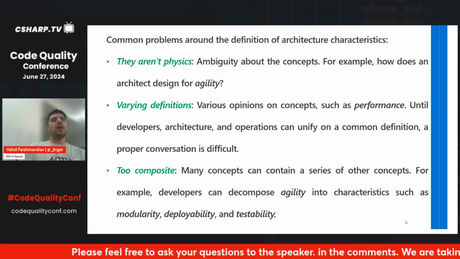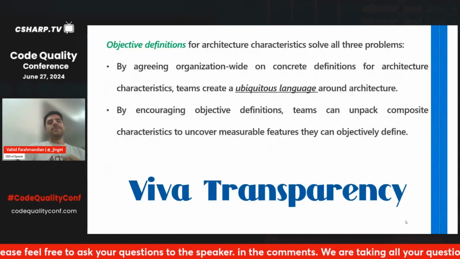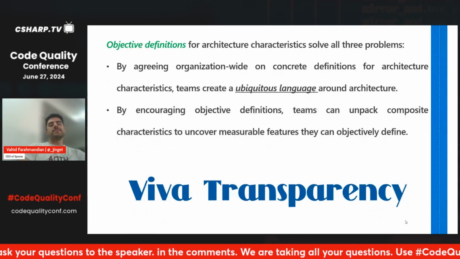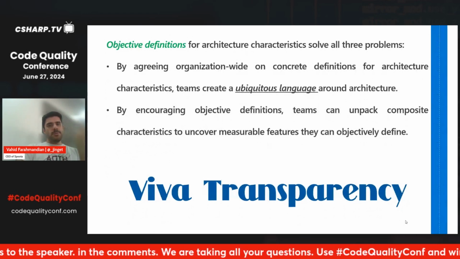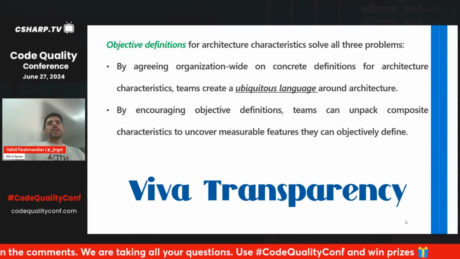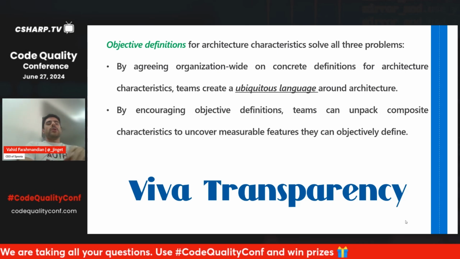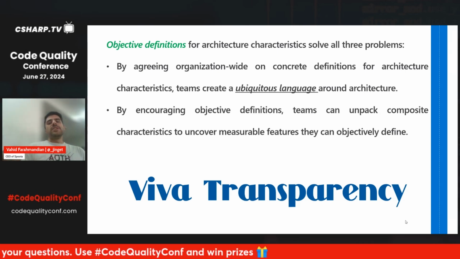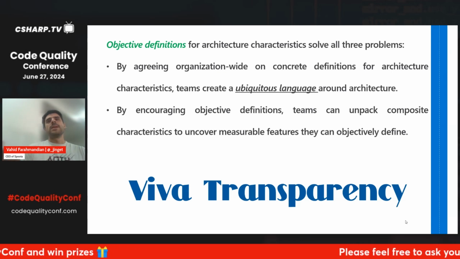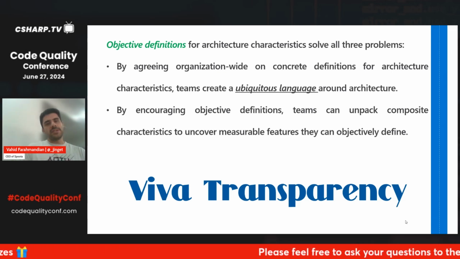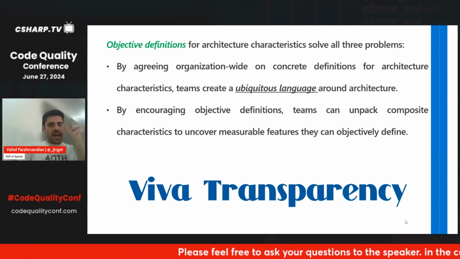In order to solve these problems, we need to have objective definitions. Objective definitions means that we need to find our ubiquitous language in our team. Ubiquitous language, in this case, means that we need to have transparency in software architecture characteristics definitions. We need to define the characteristics.